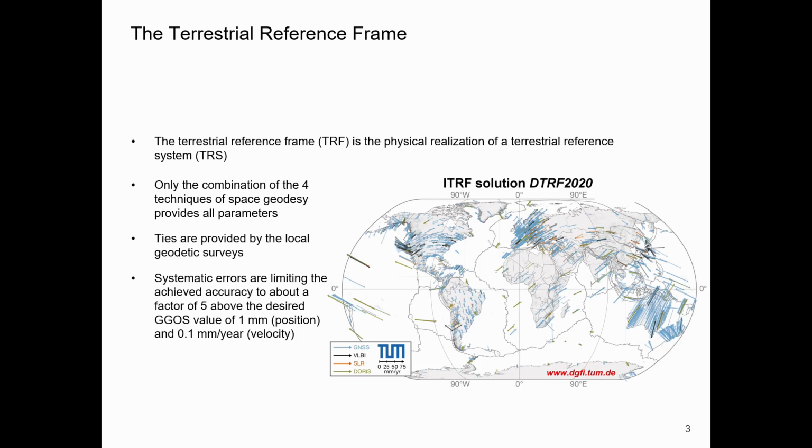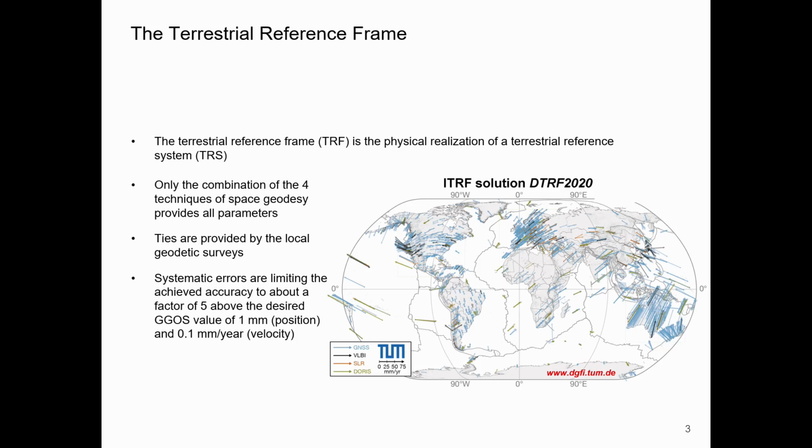Since we cannot realize the terrestrial reference frame on the basis of just one space geodetic instrument, we must combine four space geodetic techniques into this solution. This combination is based on the knowledge of the core stations, where we measure on a regular basis the local ties, but the local ties actually represent just the geometrical distance of the reference points.